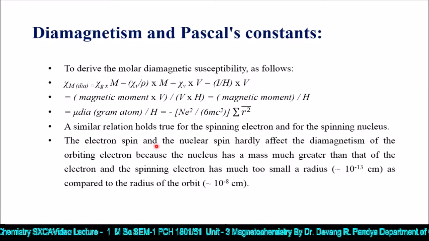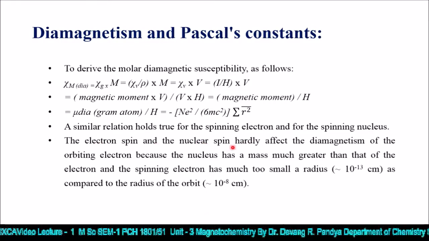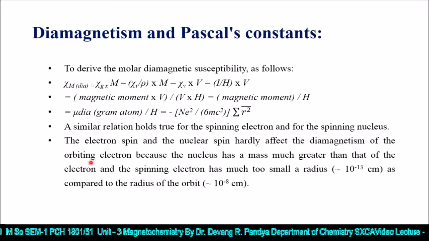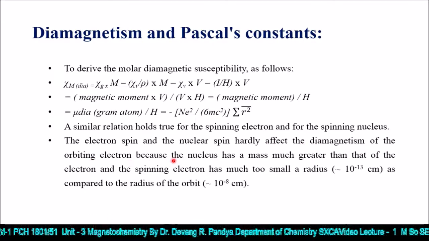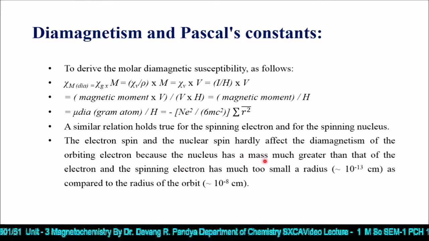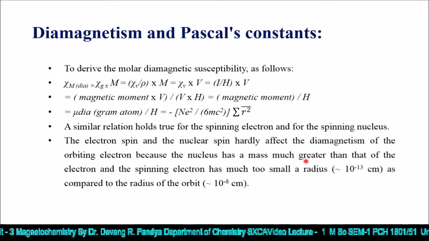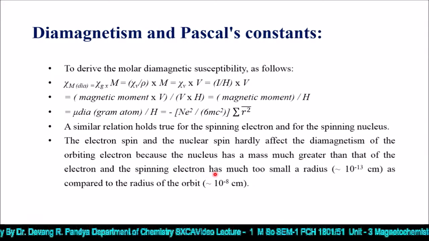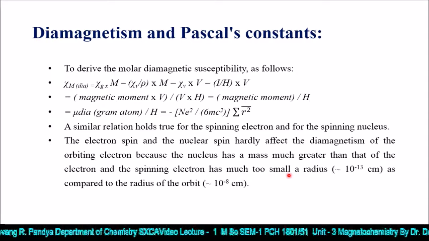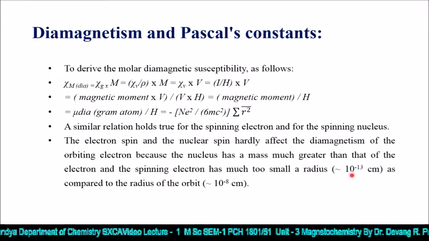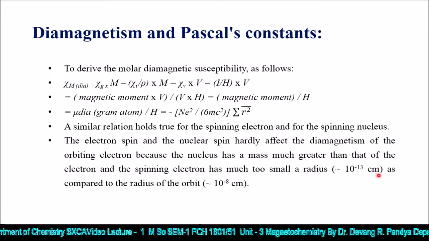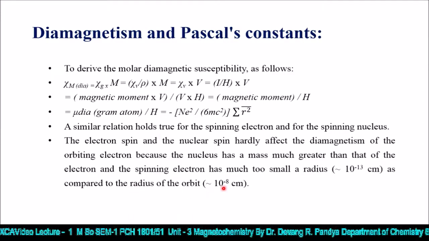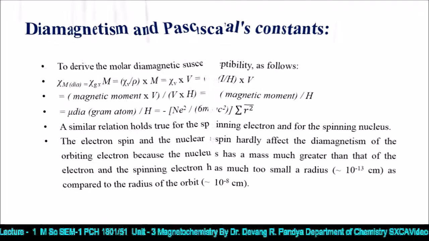The electron spin and the nuclear spin hardly affect the diamagnetism of the orbiting electron because the nucleus has a mass much greater than that of the electron, and the spinning electron has much too small a radius, approximately 10 raised to minus 13 centimeter, as compared to the radius of orbit, approximately 10 raised to minus 8 centimeter.